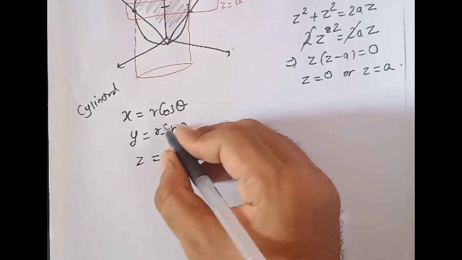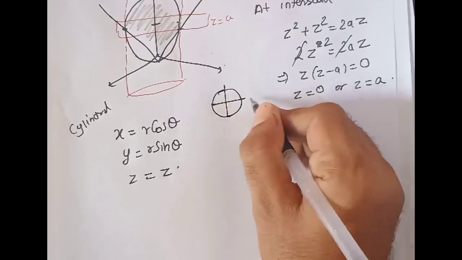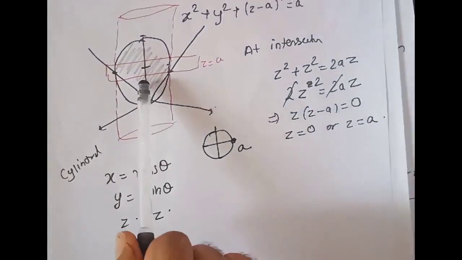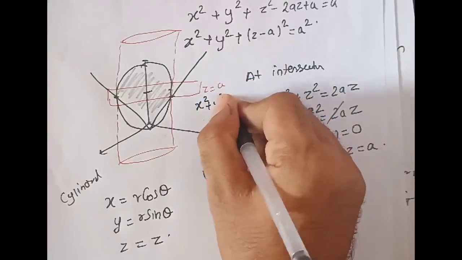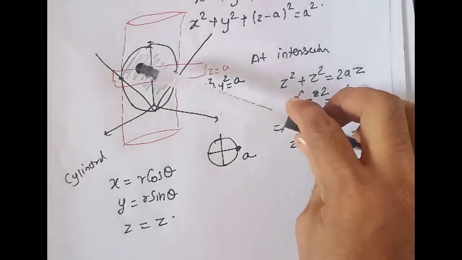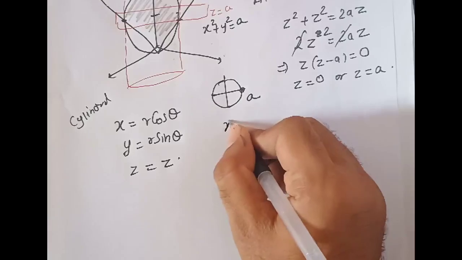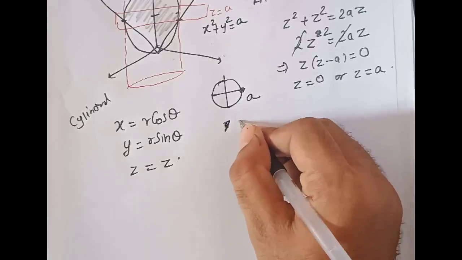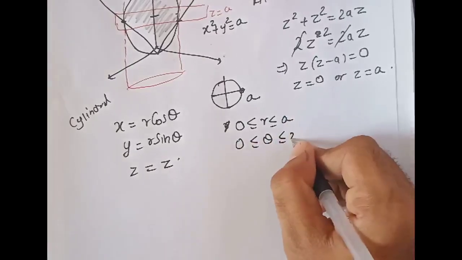If we analyze the xy plane, it will be a circle with radius a, right? So if we take z is equal to a, that means x square plus y square is equal to a square. So the same thing will happen on the xy plane. Hence we can take r from 0 to a, theta from 0 to 2 pi.